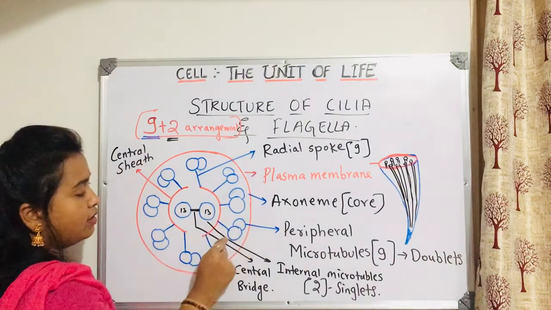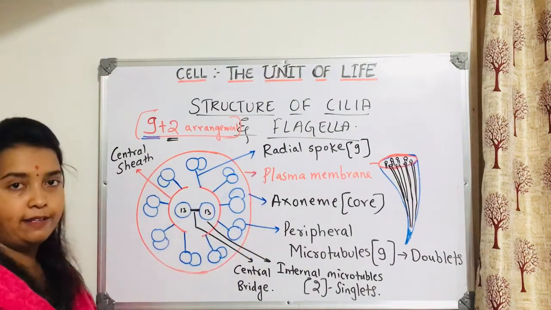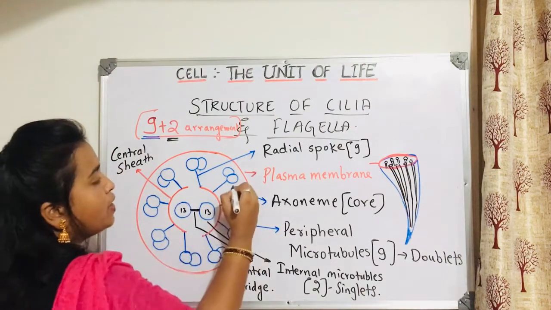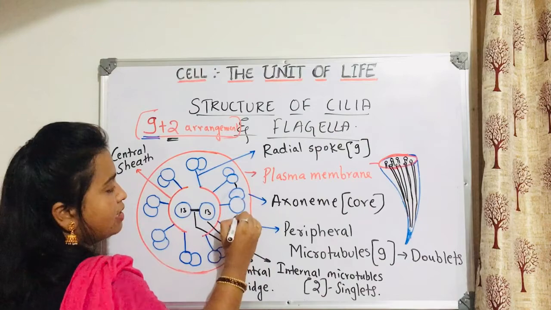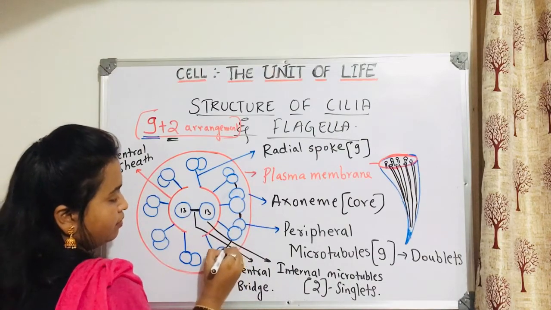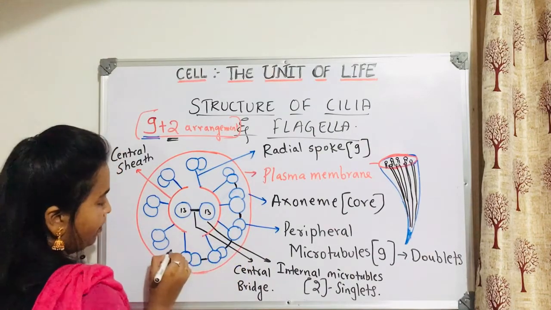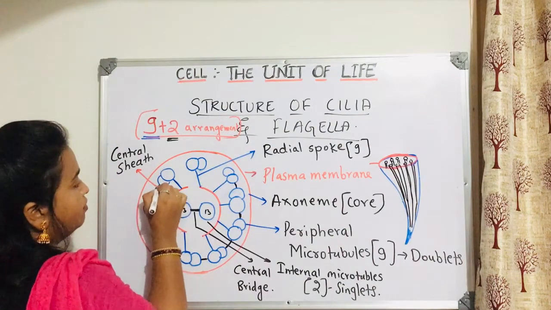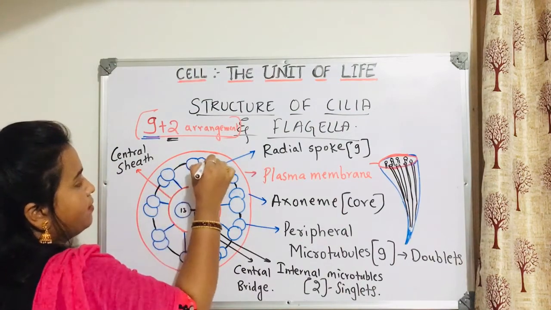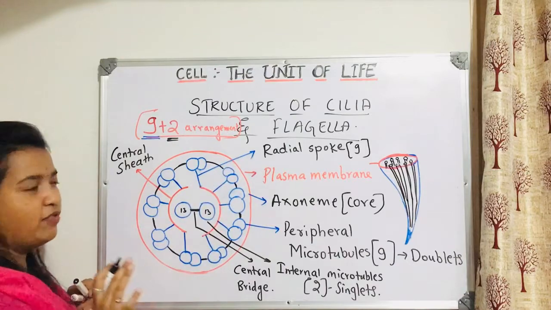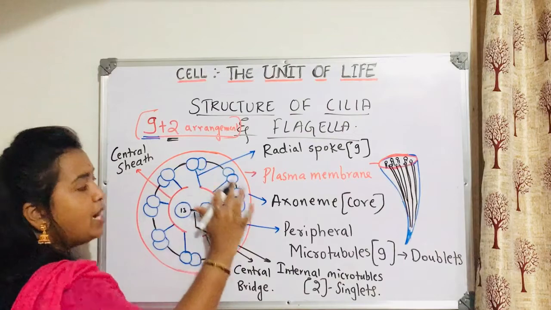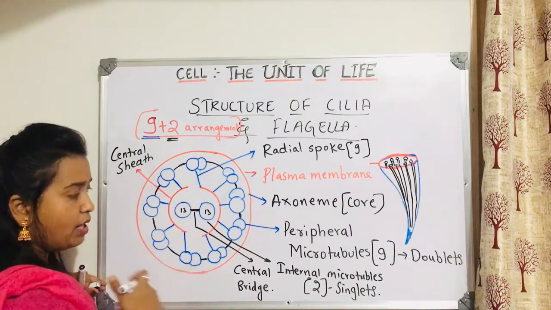Now these things are connected. There is a connection with these things. I'll show it with black. They have a connection like this. Are you able to understand? The doublets are also connected like this. I hope it is very messy anyway, but I think you're understanding. So these doublets are connected by this black structure that I am showing.